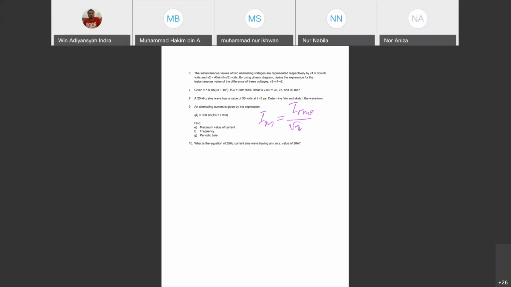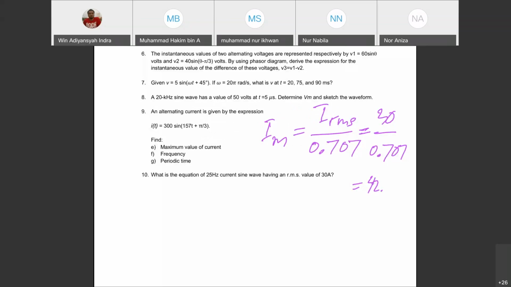If you check the slide later on, you will find the relation between RMS and maximum: I maximum equals I RMS divided by 0.707. RMS is 30, so maximum is around 42.43.